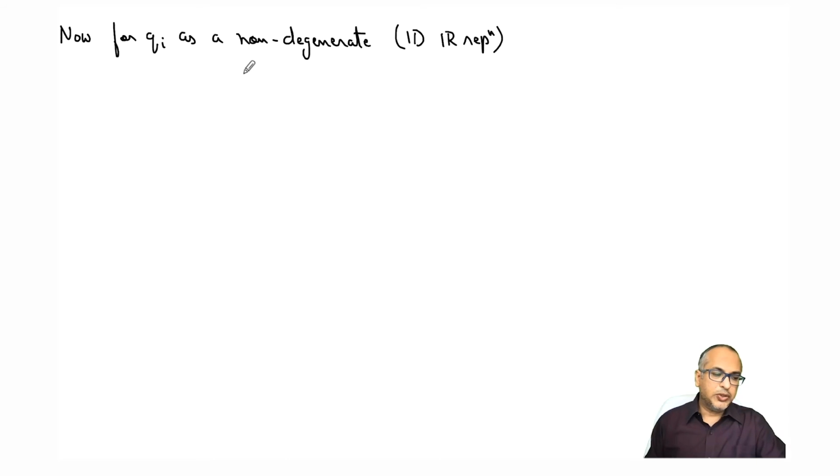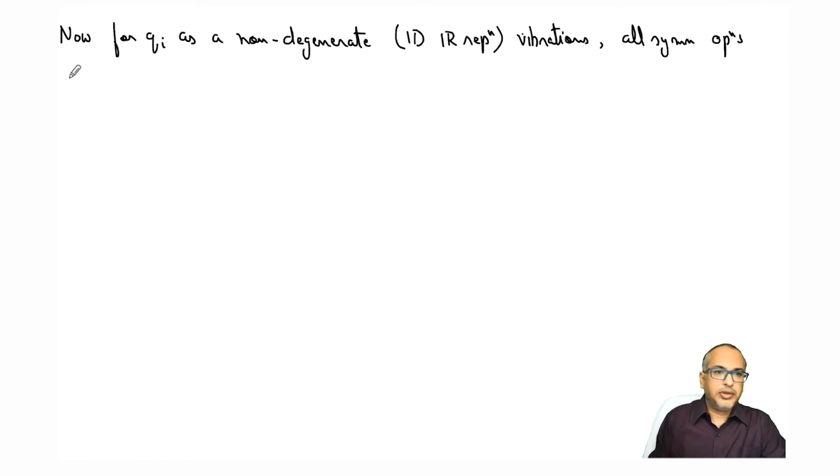Okay. So now if it is a 1D IR representation, non-degenerate vibrations, we can say all symmetry operations will have character as plus minus 1, right?